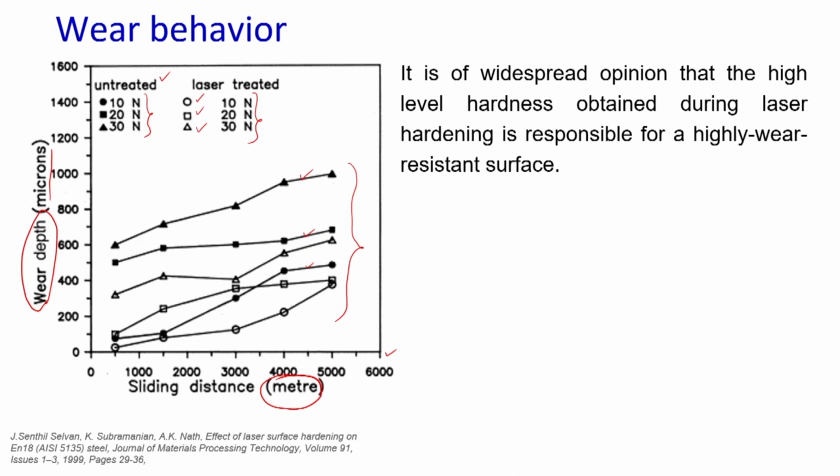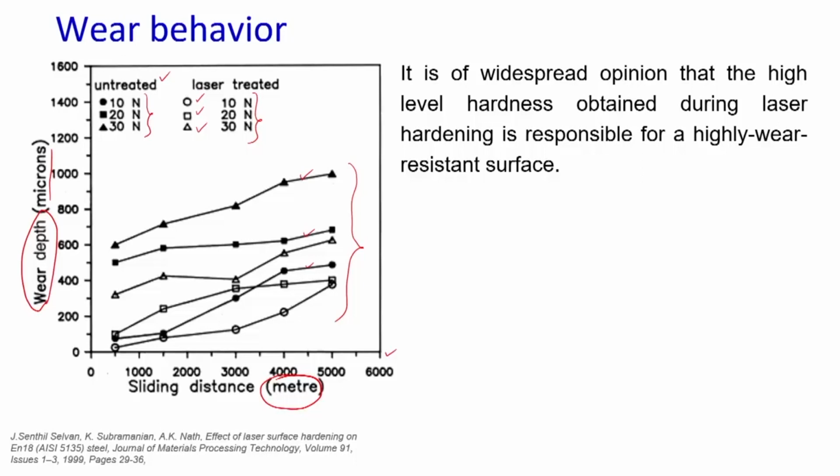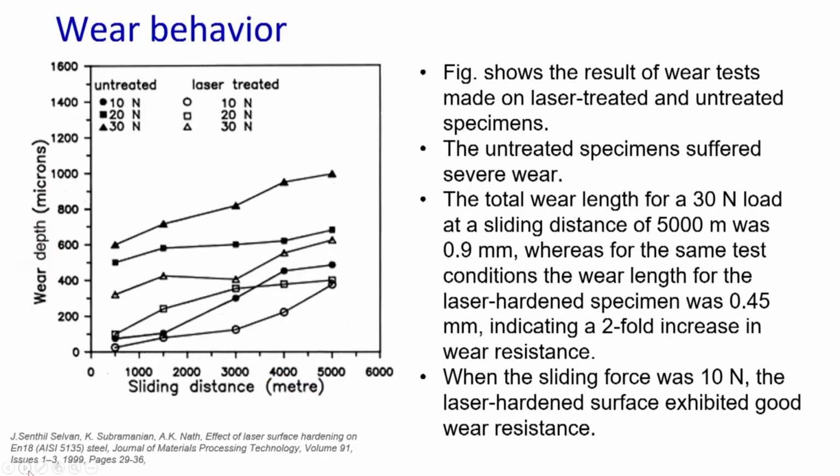So, here it can be clearly noted that the laser treated pin is showing low wear depth, which means there is enhancement in the wear resistance, and this enhancement in the wear resistance is attributed to the increase in hardness, or the hardened surface that we are getting due to laser heat treatment. The same results are there on your screen as well.